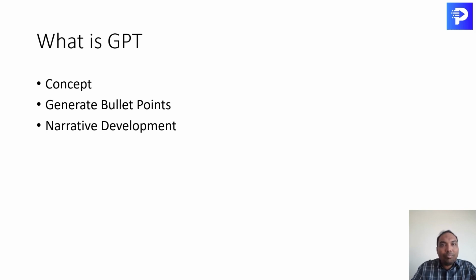Now, when generating bullet points for PowerPoint slides, GPT processes the input prompt to structure information in a concise and visually digestible format, which is suitable for presentations. For bullet points, it distills complex topics into key elements, ensuring each point is clear and impactful.